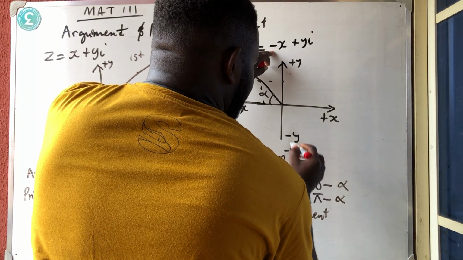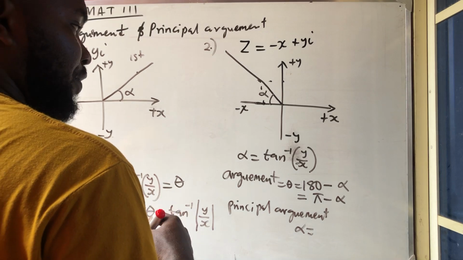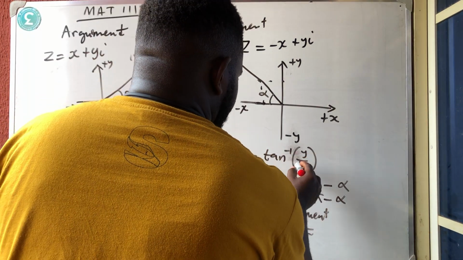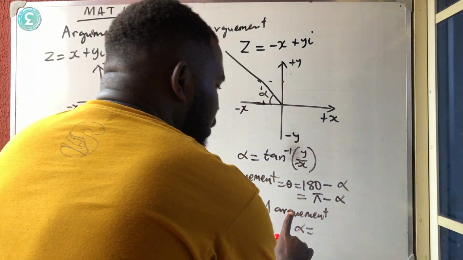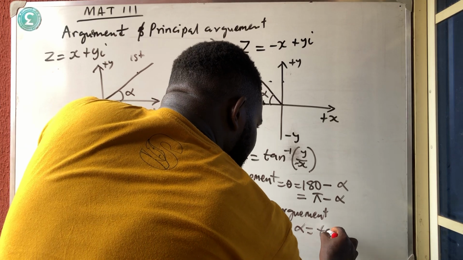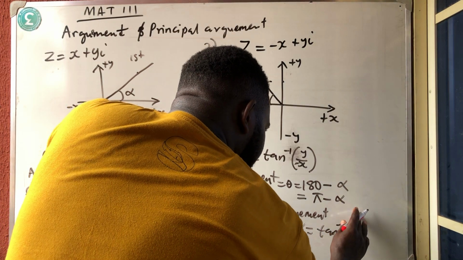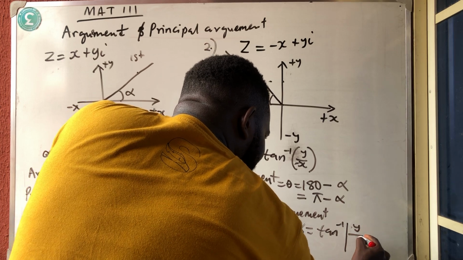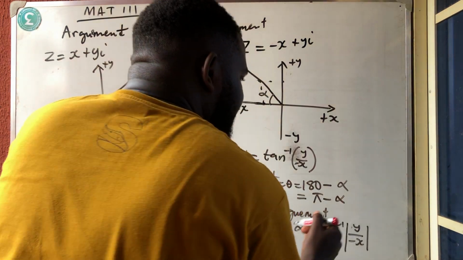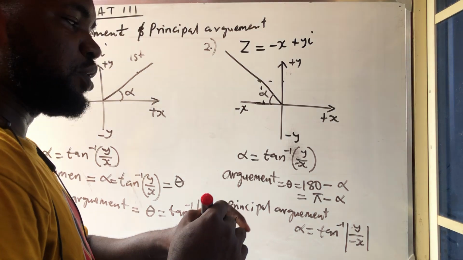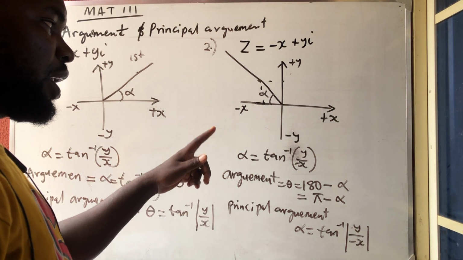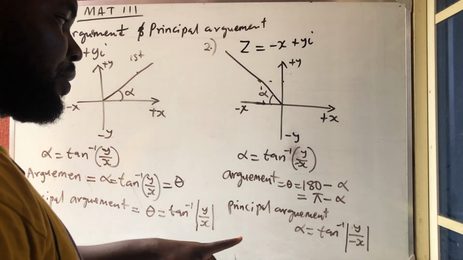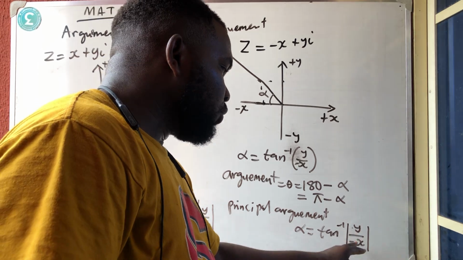Please, don't forget y over minus x. For principal argument, it is the tan inverse of the absolute value of y over minus x. And you know that absolute value will always give you positive. You see the difference between argument and principal argument. So this thing will give you positive.